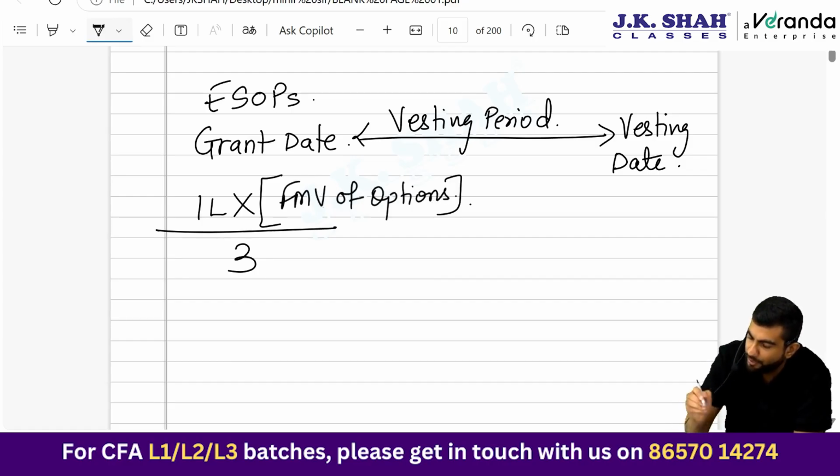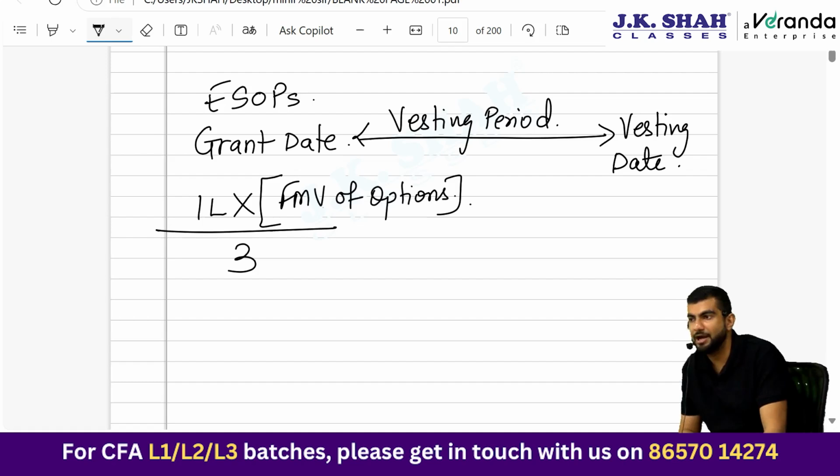And you know, those complex models like Black-Scholes model are to be used in valuing an option, and again to be distributed over the vesting period, maybe 3 years, 4 years, whatever, on a straight line basis. Okay, then we had discussed stock appreciation rights.